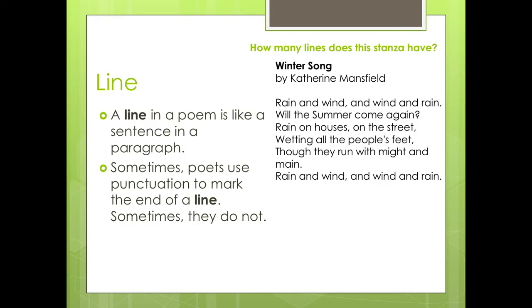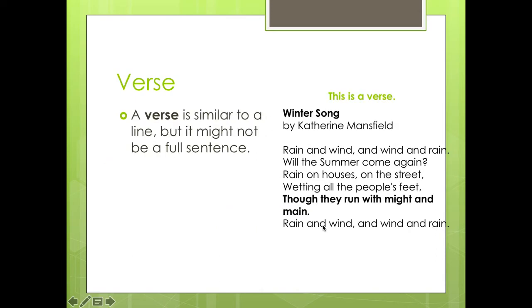Authors can skip the punctuation and let their poem flow. So a line is kind of one sentence. "Rain and wind and rain" is one line in this poem. This whole thing put together is a stanza. The line is the individual sentence, and the stanza is the whole piece.